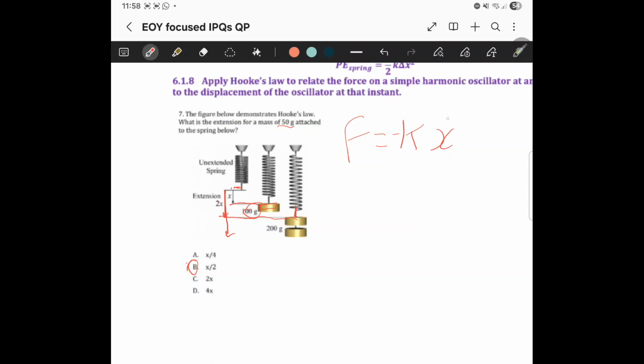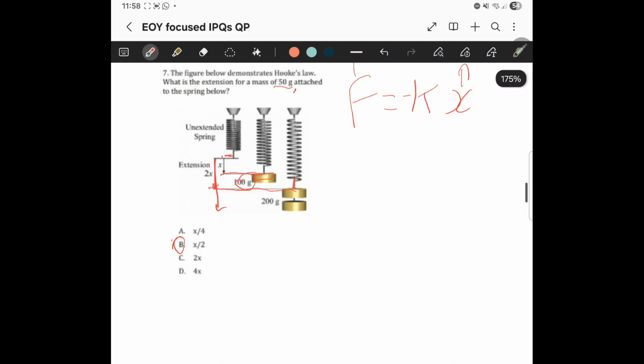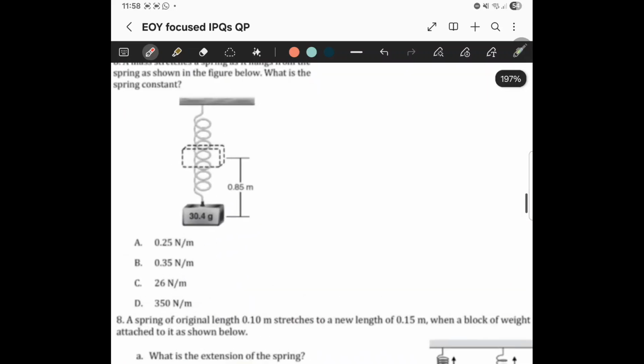If I double my force, it will double the distance. If I half the force, I'll half the distance. So that's directly proportional. If I said to you 300 grams, for example, it will simply be x, 2x, 3x. And you get the idea. Okay, very nice.